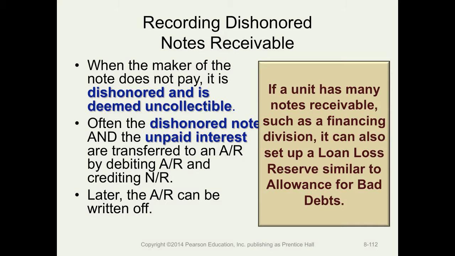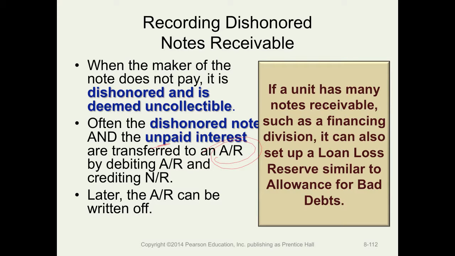So if the note was due today and it's unpaid, it expired. But what we often do is take the dishonored note plus any unpaid interest and transfer it to accounts receivable, where it could be written off when it's determined to be uncollectible.